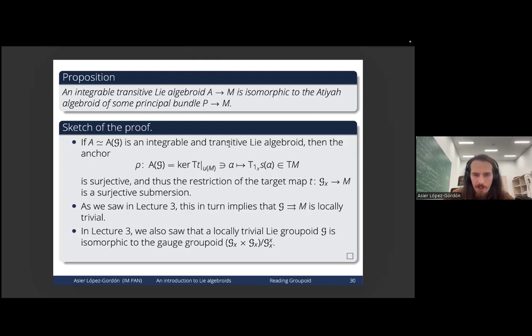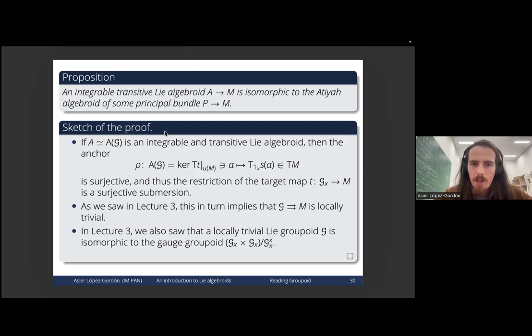One is that being locally trivial is equivalent to the restriction of the target map to the source fiber being a surjective submersion. Also, any locally trivial Lie groupoid is isomorphic to the gauge groupoid, with principal group being the vertex group and this being the total space. Taking those propositions into account, it is straightforward to prove.